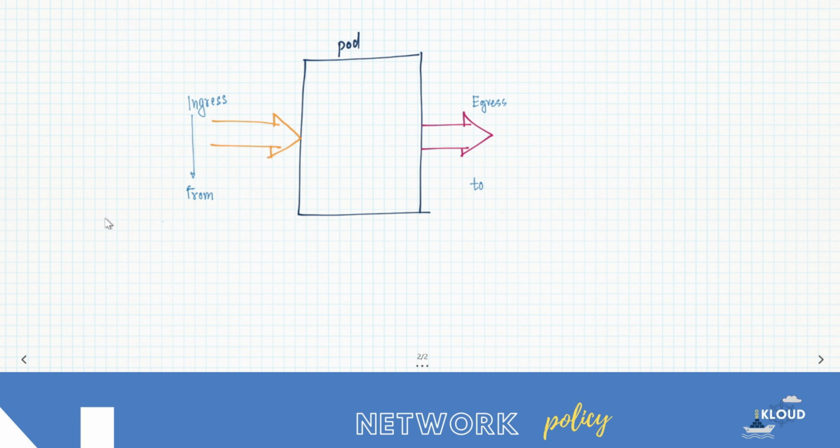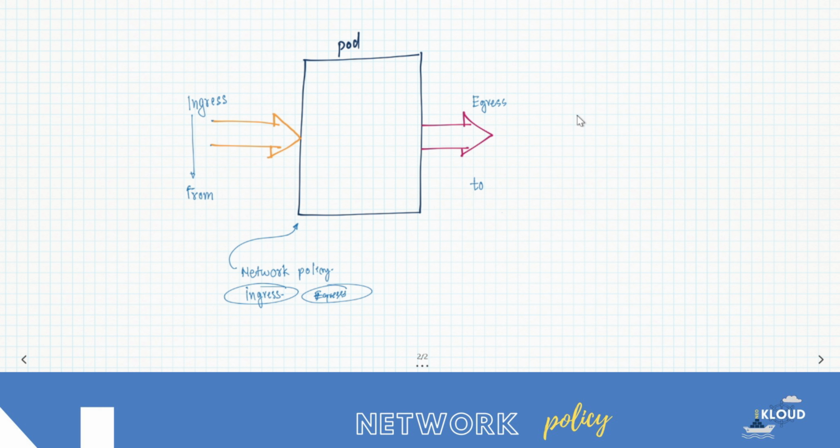Whatever traffic is coming, I will give a rule for it. If a network policy applies to this pod and an ingress rule is defined saying only a rich pod can come, then only the rich pod can communicate. So a network policy has two rules, an ingress rule and an egress rule, meaning communication can be controlled both ways.